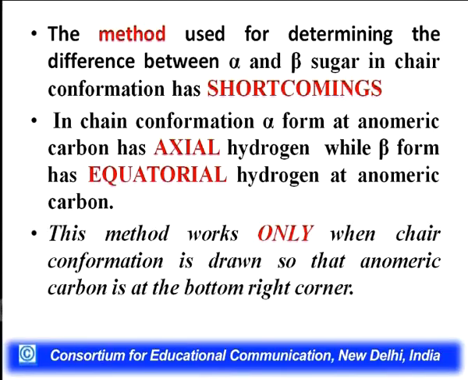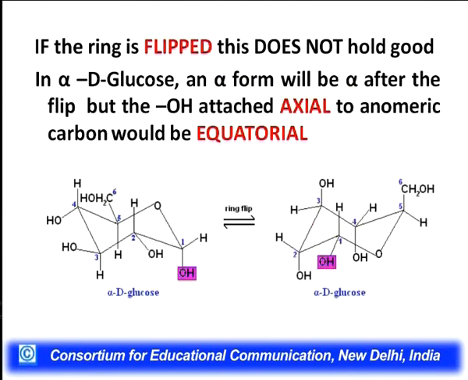What we find in chair conformation of alpha form, that an anomeric carbon has axial hydrogen while beta form has equatorial hydrogen. This method works only when chair conformation is drawn so that the anomeric carbon is at the right hand side. Right, this only works when this is at the right hand side.